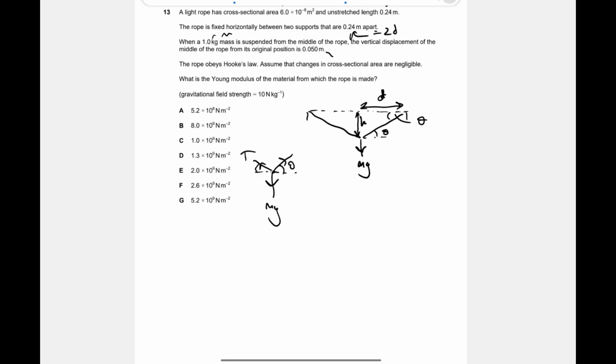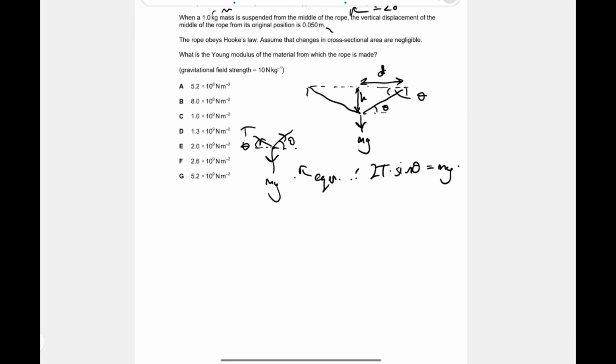So that means, in equilibrium, if we resolve the forces vertically, we get 2T sine theta equals mg. So T equals mg over 2 sine theta.